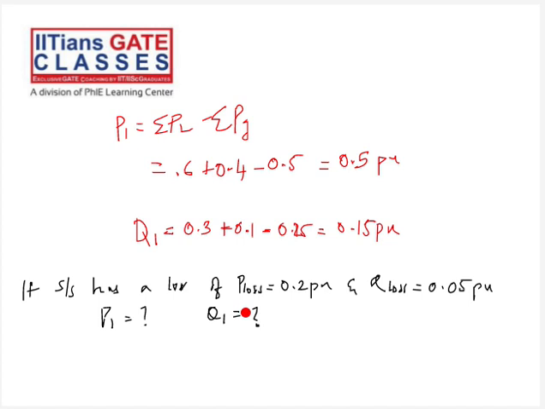So basically what does the slack bus do? Each generator has fixed generation, so whatever is in excess is picked up by the slack bus. So what will be P1 and Q1 in this case?